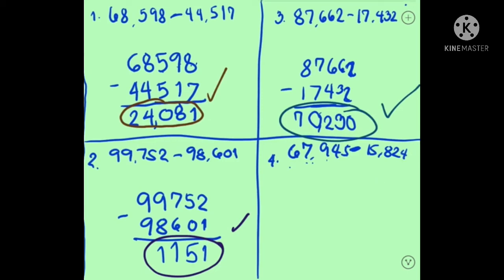Should say 24, not 25. Okay. Now, let us line up the numbers. Starting with the minuend, we have 67,945. Followed by our subtrahend, which is 15,824.